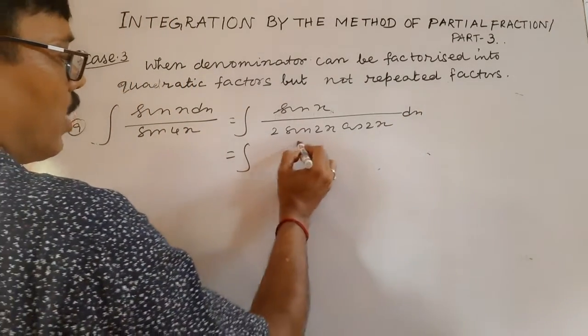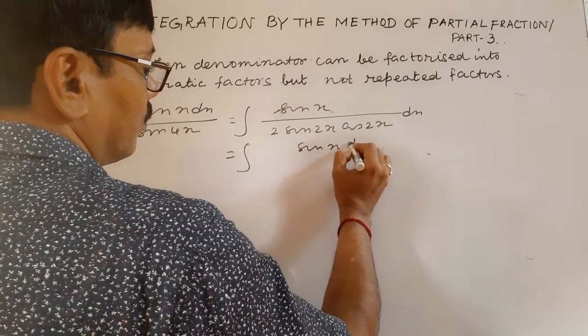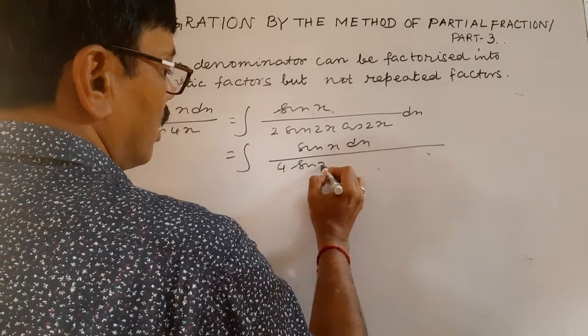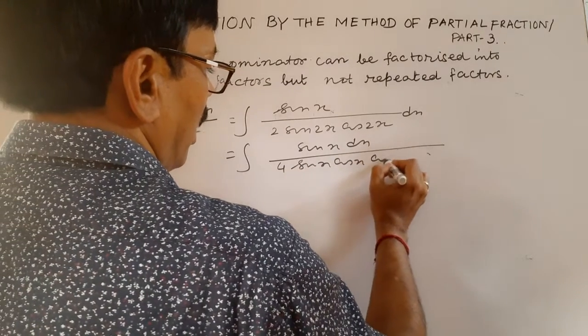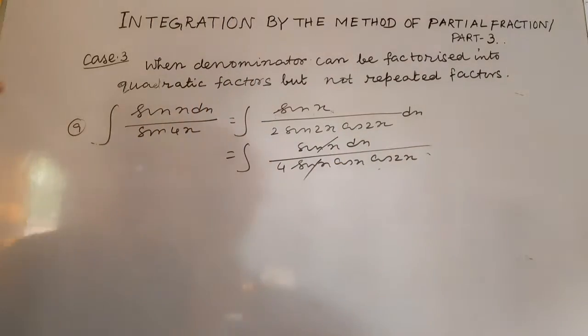Now sin 2x is again 2 into 2, 4 sin x cos x and cos 2x. So sin x is cancelled out.